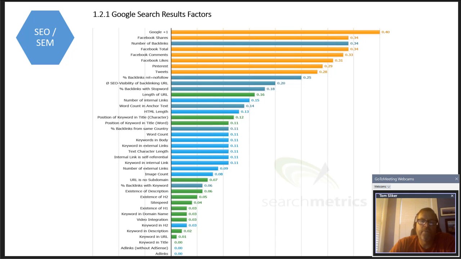Okay, if you're on Google Plus and people are plus-oning you, which is like liking you on Facebook, that's good for you. Google pays a lot of attention to that. They want to continue to build out their Google Plus and use it as a way to validate information on the internet. And so, of course, Facebook shares, backlinks. That's what I talked about, blogs linking back to you and things like that. Facebook likes, tweets, et cetera, et cetera.